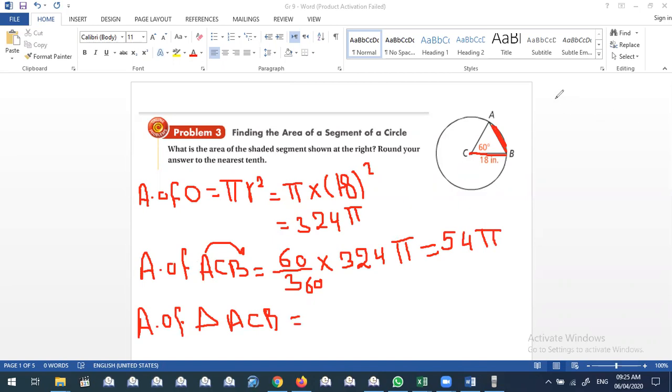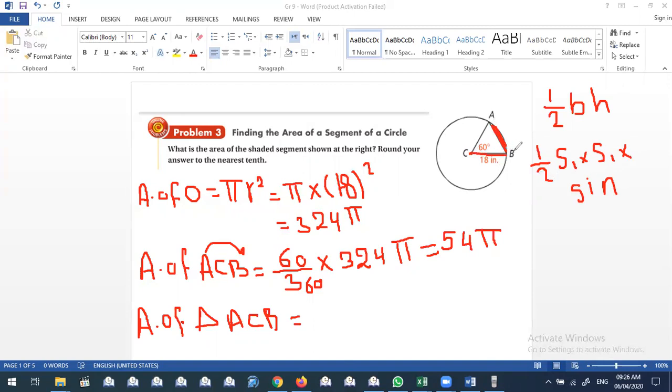Half times base times height, if you have base and height, or half times the product of two sides, S1 times S2, and the sine of the included angle between them. Here in this triangle, we don't have a right angle. So we can use the rule of sine. It's better to use the rule of sine.